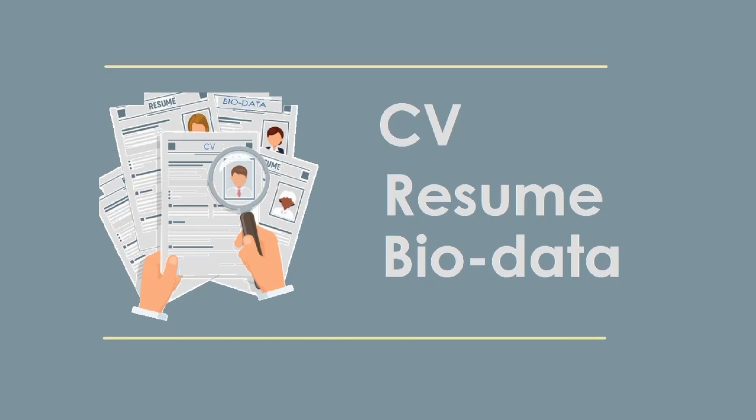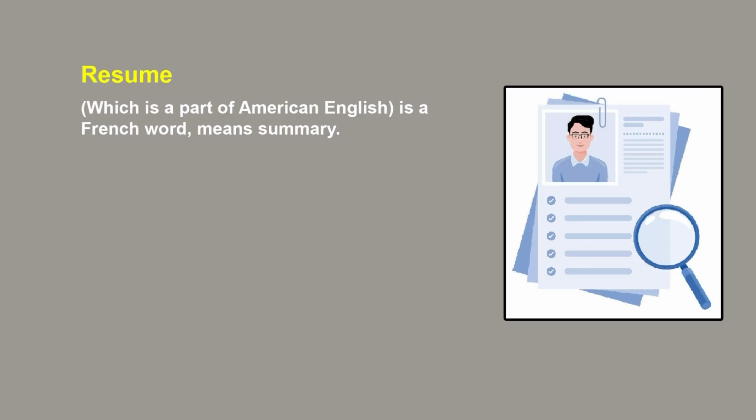As you have realized from the previous discussion, the terms CV, resume and biodata are often used synonymously. However, they differ from each other in many aspects. Resume, which is a part of American English, is a French word, meaning summary.